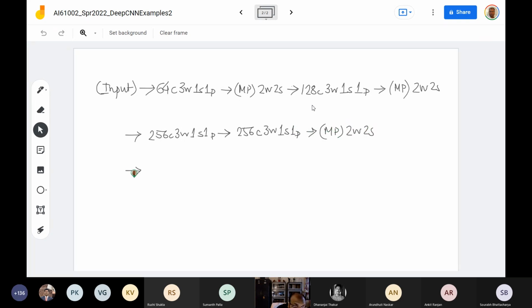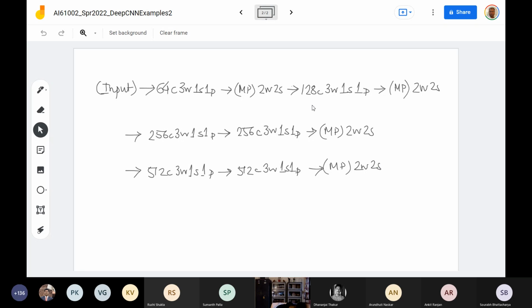From there it passes to 512C3W1S1P, then 512C3W1S1P, and then again to max pool 2W2S.